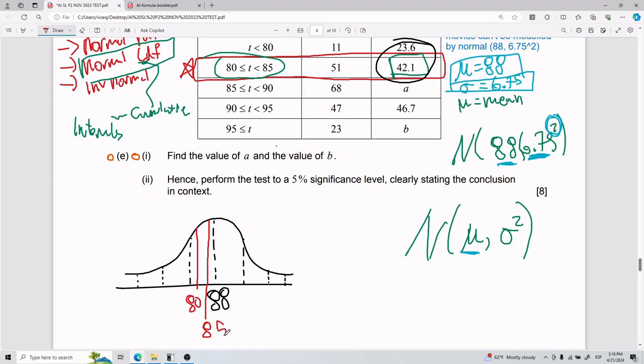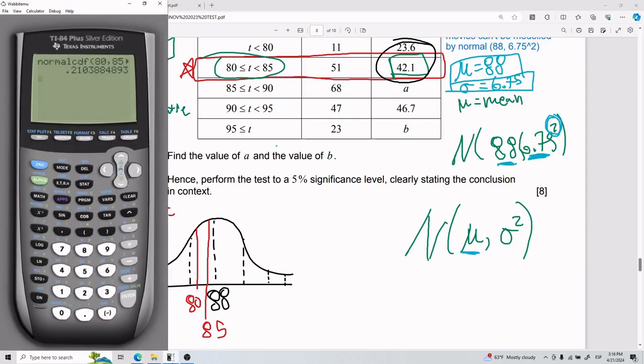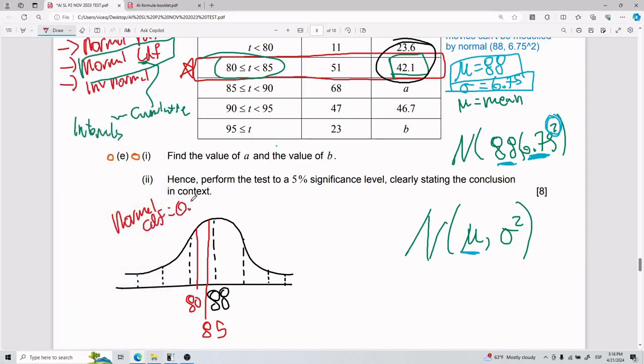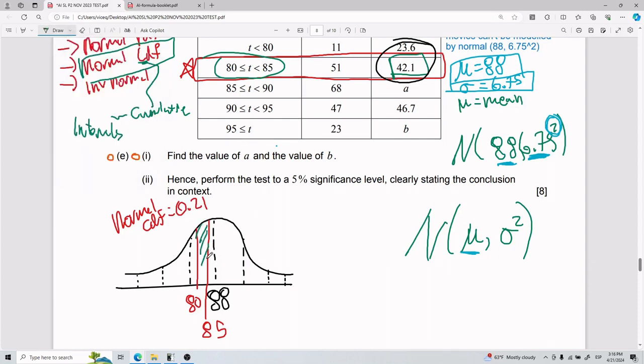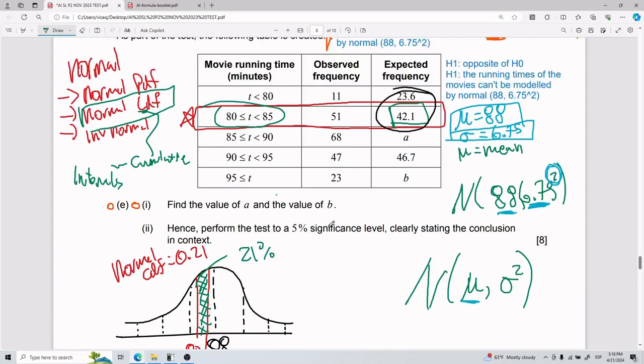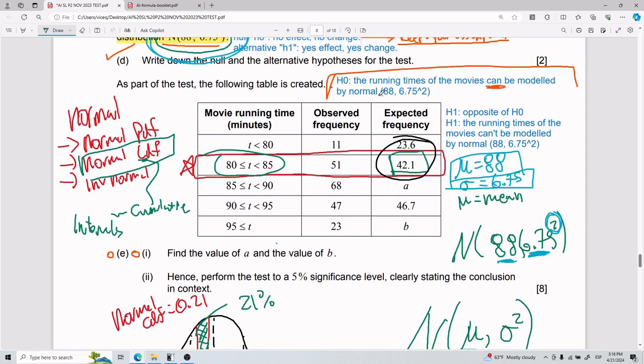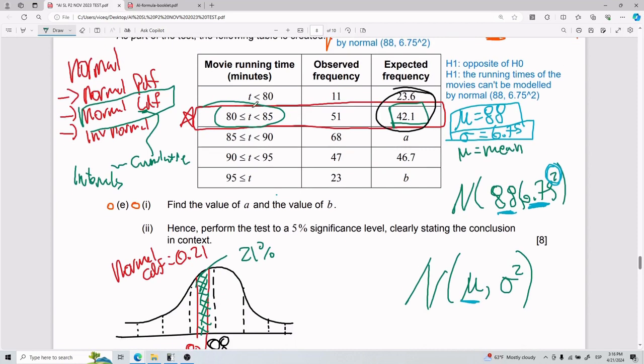And so if you put normal CDF with these values, and we got 0.21, this 0.21 is actually the area under the curve. So that means that this is 21%. That is what normal CDF just told me. And so the expected frequency between 80 and 85 is 21% of my data.